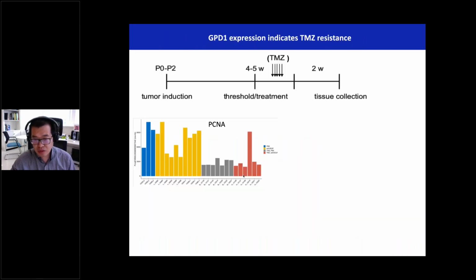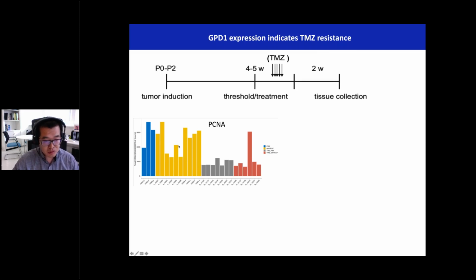And it's not only on a cellular level, but also on the RNA level. In the same model, we performed RNA-seq in an independent experiment. Basically, we wait until the tumor develops, we apply temozolomide, and 2 weeks after, we collect tissue for RNA-seq. This is the entire tumor tissue. And there we even had anti-VEGF treatment for the mouse. Here is the control.